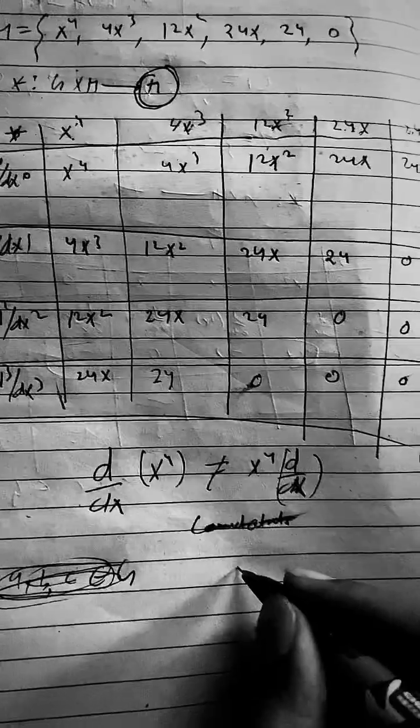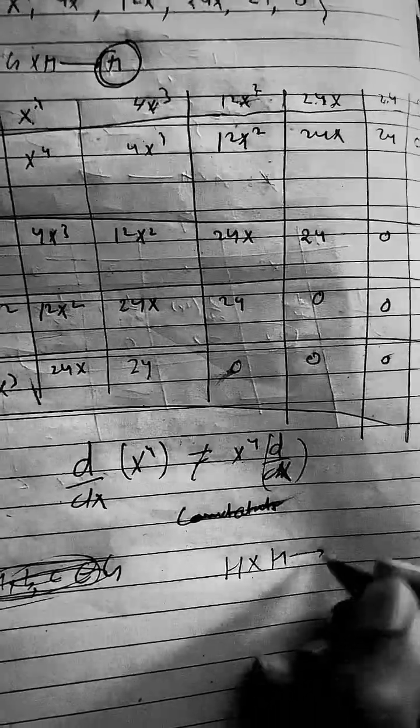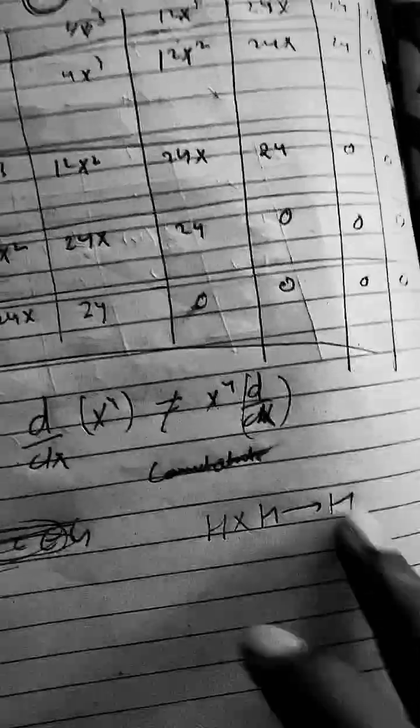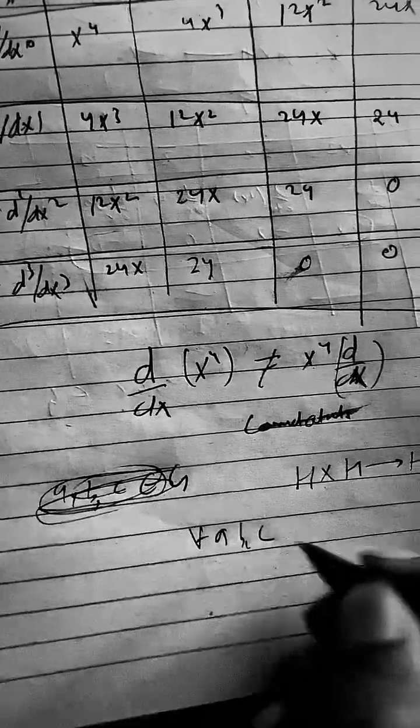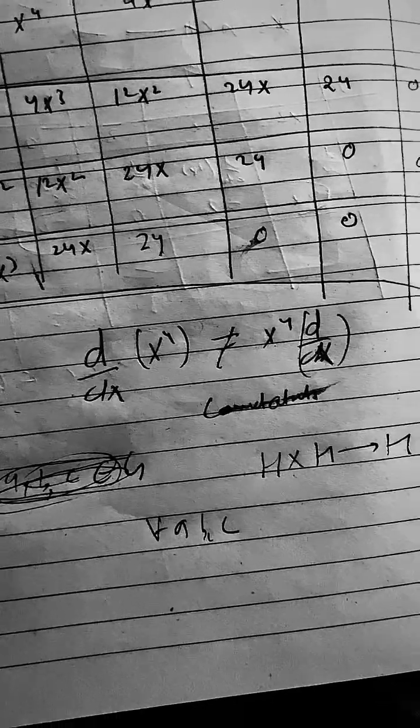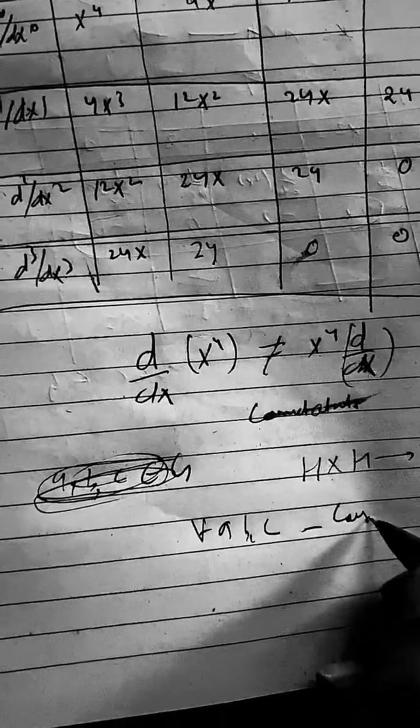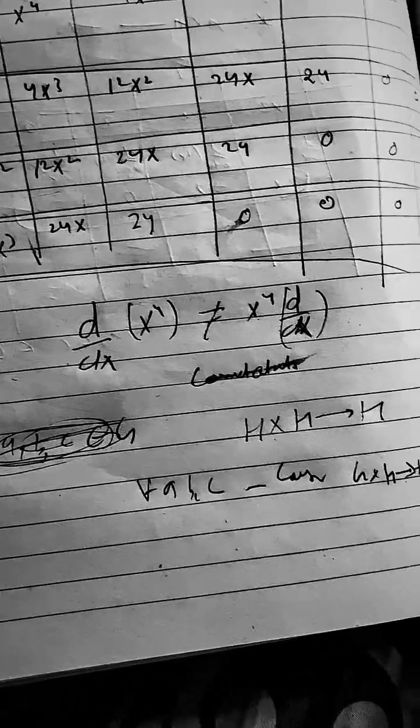But since H cross H to H is not defined, it means for all A, B, C we choose, it should be a combination of G cross G cross H to H, right?